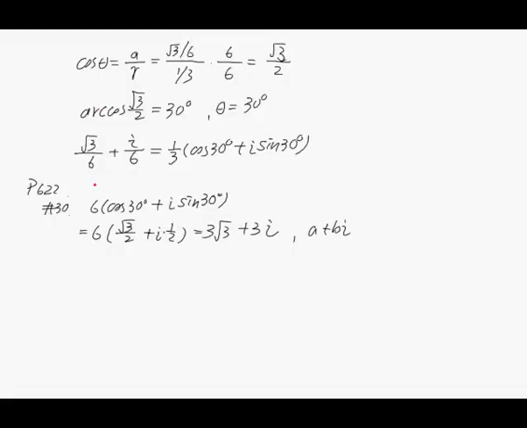So we know if we have a complex number a plus bi, then the conjugate of this complex number is a minus bi. We just change the sign of the imaginary part.